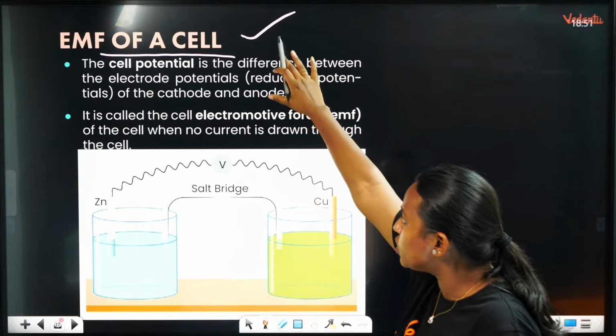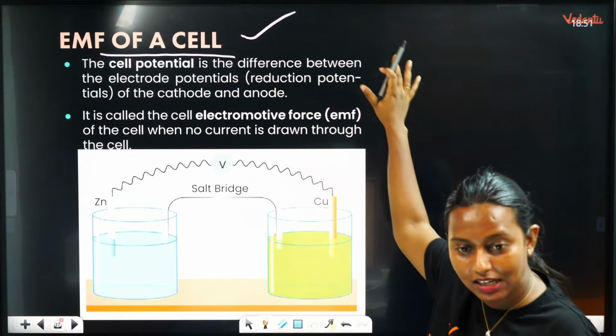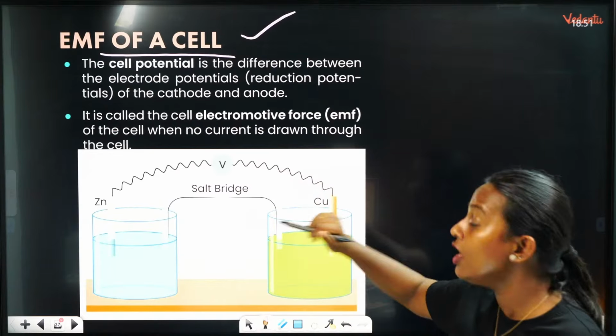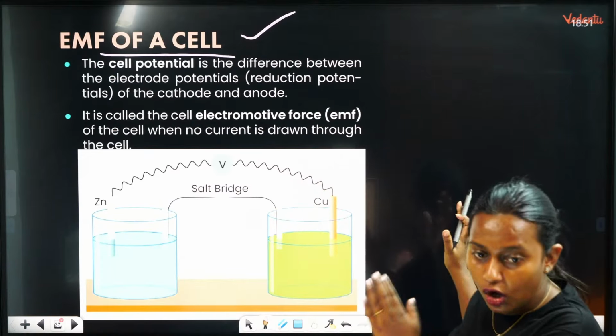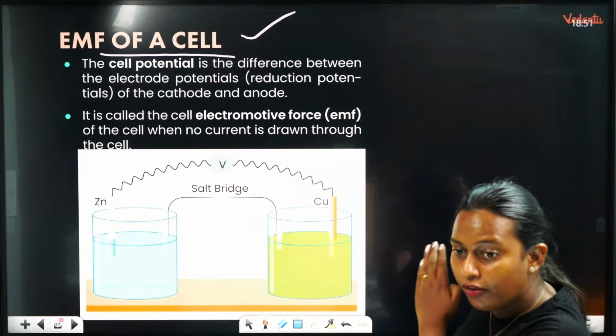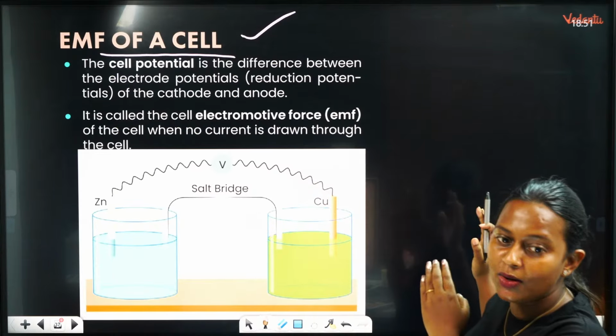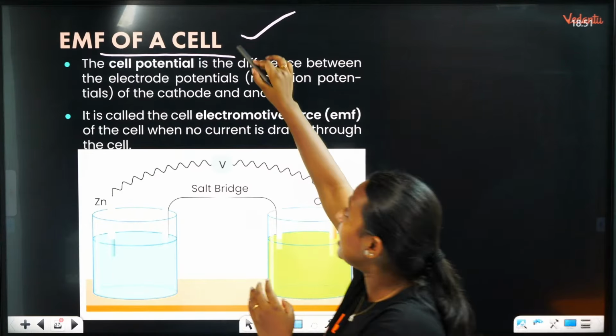So EMF of the cell. My question is, do you know the electrode potential, the potential of the electrode? So what is the EMF of the cell? The potential difference of the cell.